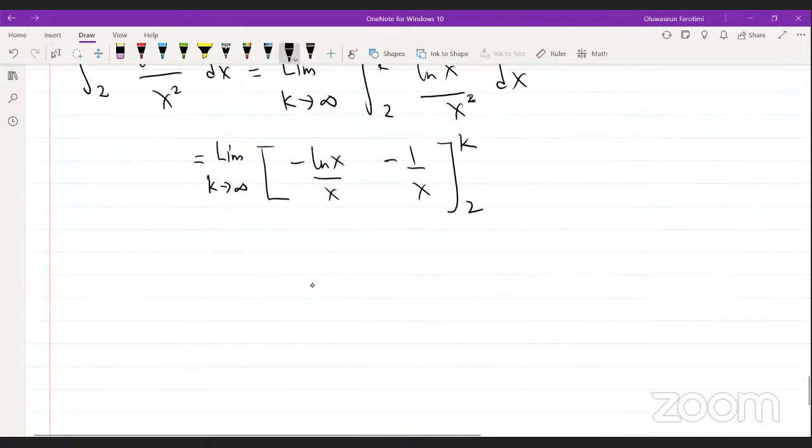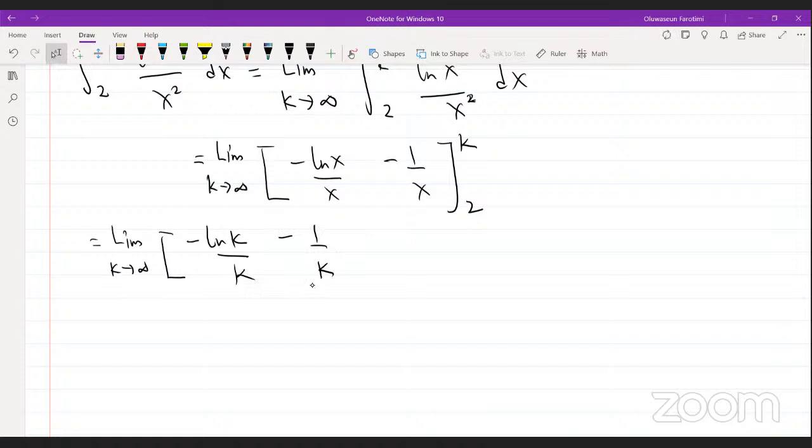Let me do that. Limit as k goes large, negative ln of k divided by k minus 1 over k. That's the top, right? Minus, what about the bottom? Negative ln of 2 over 2 minus 1 over 2.